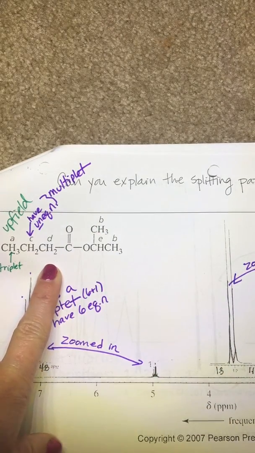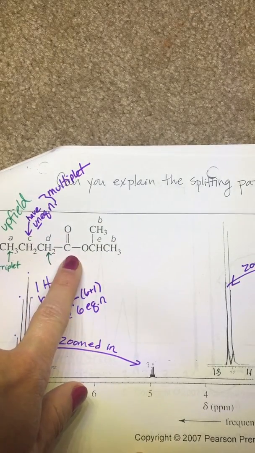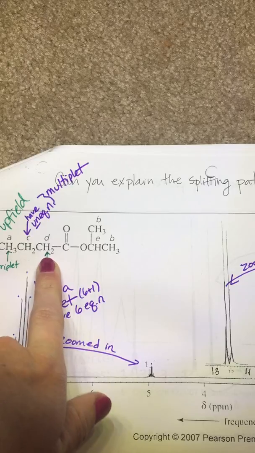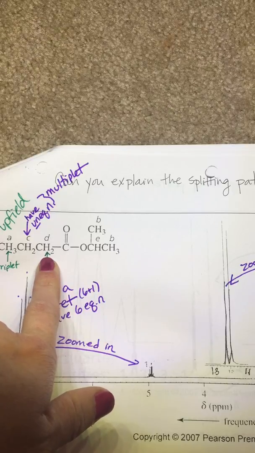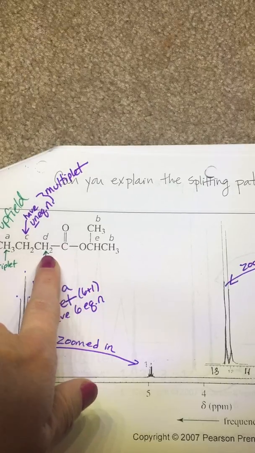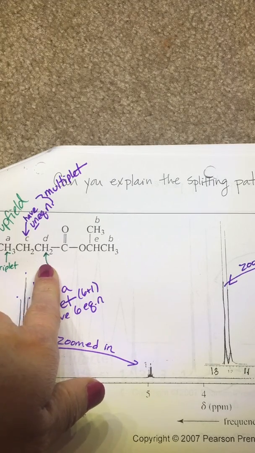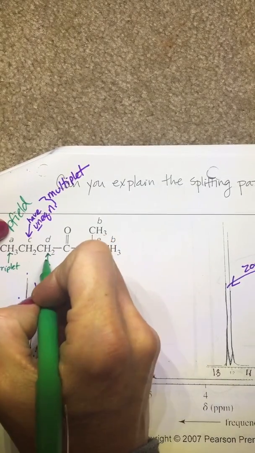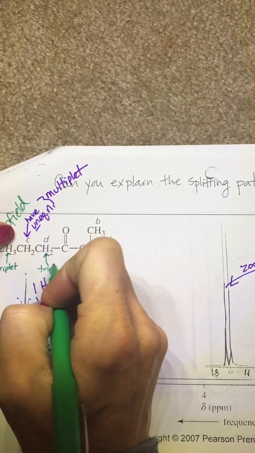Now here's a really important one. Our D hydrogens right here, these guys are next to a carbonyl. That's that important region that we talked about on your chemical shifts. It's kind of like on an IR, we're like, oh, 1700 for a wave number is a carbonyl. Well, hydrogens that are adjacent to a carbonyl have chemical shifts right around 2, 2.1, 2.2, which we should be seeing on our spectrum. And these guys have 2 equivalent neighbors, so they would be a triplet.